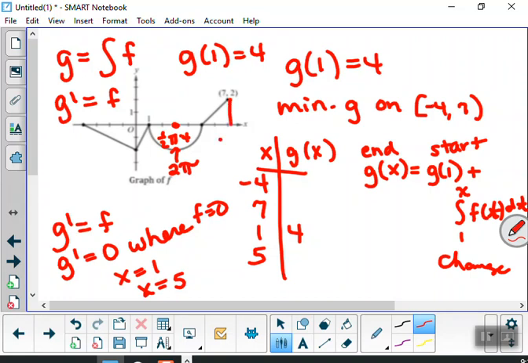This triangle is 1/2 times 2 times 2. That triangle is 1. This triangle, base of 1, 2, 3, 4, 5, height of 2 times a half, so that's 5. You've got to pay attention to where they are. You've got to pay attention to the signed areas of it all.